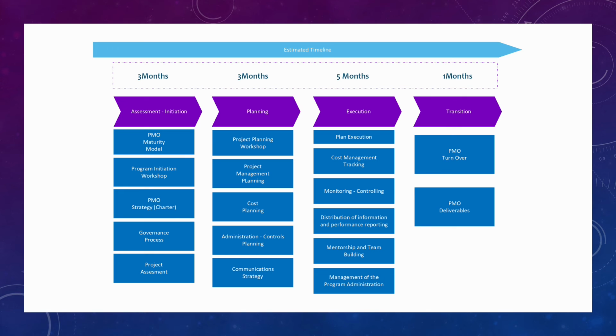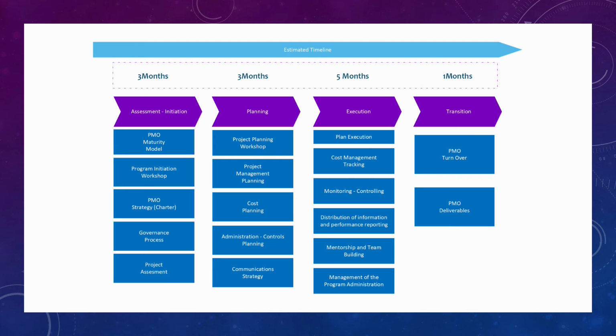So the first 3 months: assessment initiation, PMO (project management operation maturity model), program initiation workshop, PMO strategy, governance process, and project assessment. And then we're going to pass to the phase of planning: project planning workshop, project management planning, cost planning, administration controls planning, and then communication strategy. So in between these 6 months, we'll cover all of these aspects of the plan.